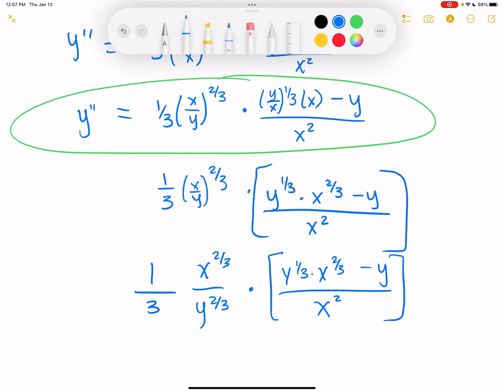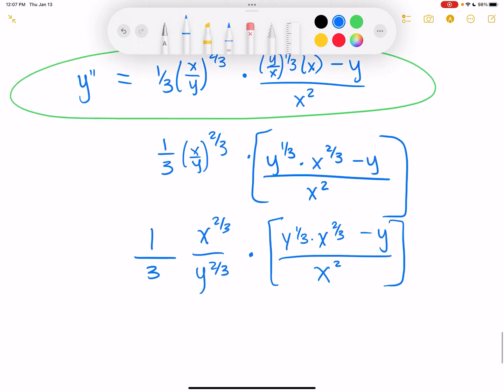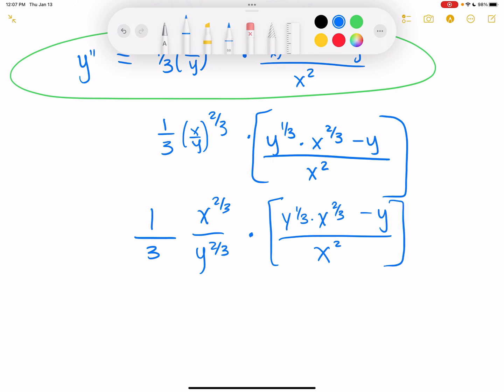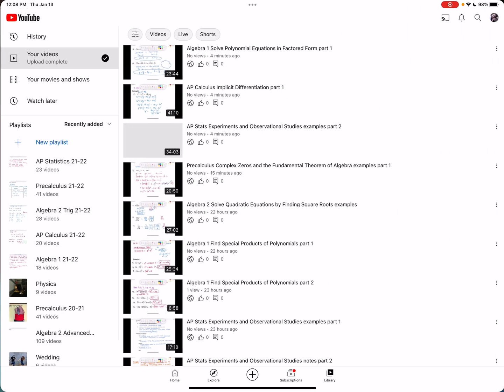So multiplying it by the first piece. Here, I'm going to switch colors because I suspect I'm going to end up having a mistake here in a second. The first piece, that's going to give me y to the 1/3 x to the 4/3 minus x to the 2/3 y all over x squared y to the 2/3. Whoa, what just happened?